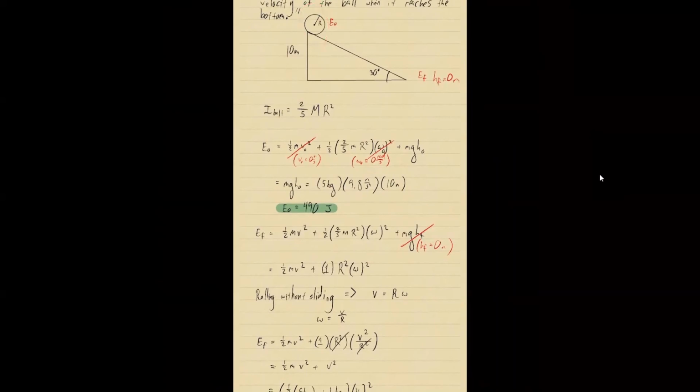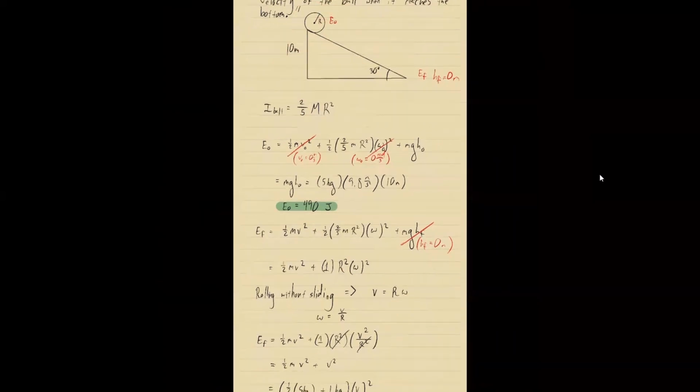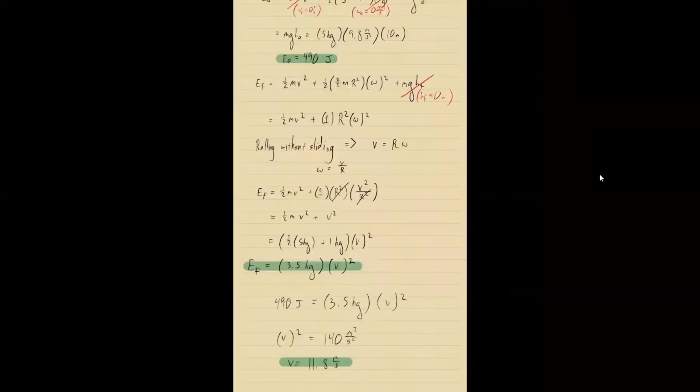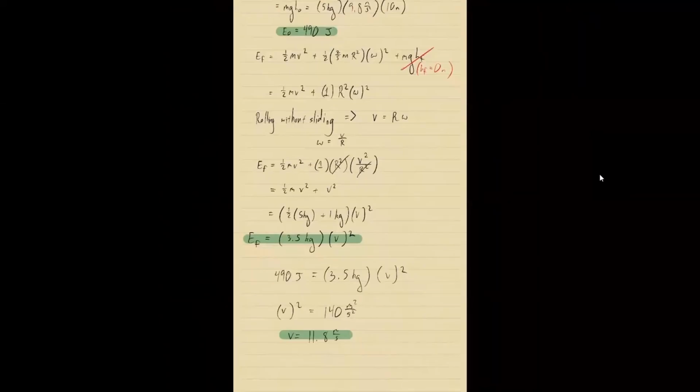If you were to repeat this same problem, except instead of a ball, you had a box that was sliding frictionlessly down this ramp, then you would find with the box, since it doesn't have to rotate, the box would end up going faster at the bottom of the ramp because it doesn't need to take any of its total energy and turn it into rotational kinetic energy. So in this case, the speed of the ball at the end was 11.8 meters per second.